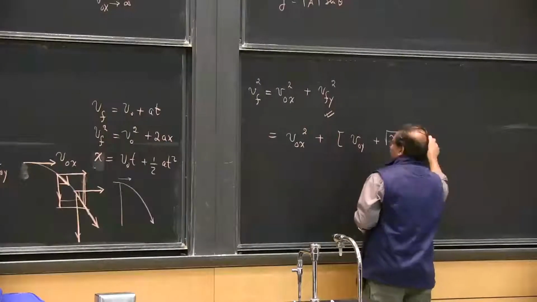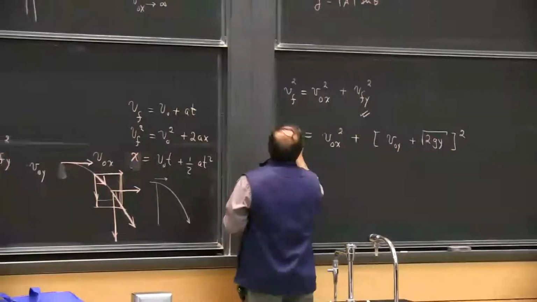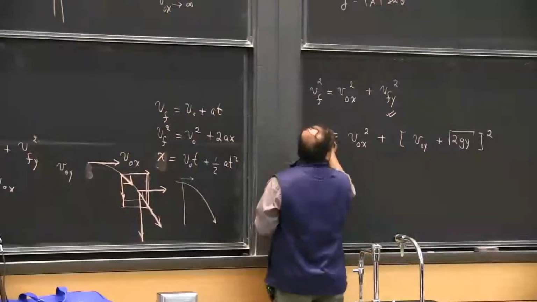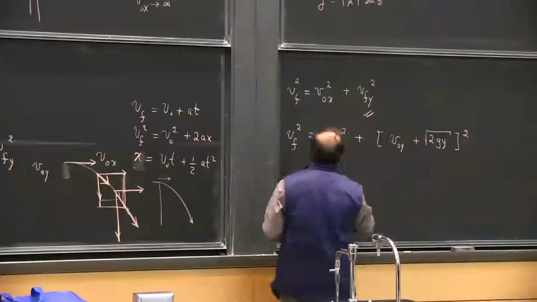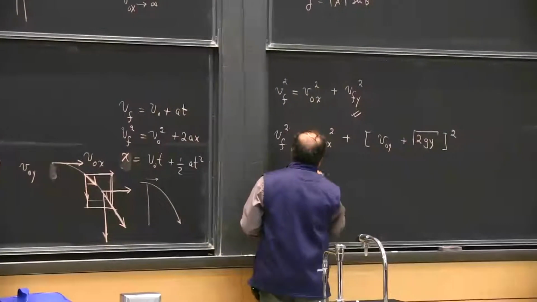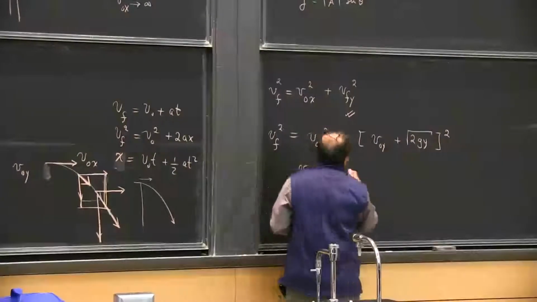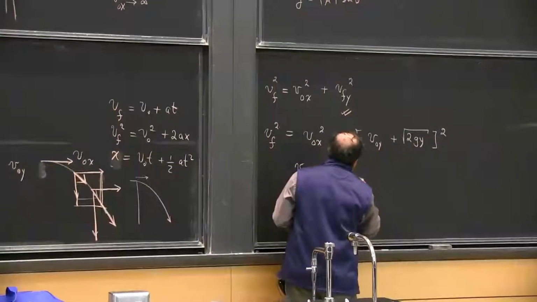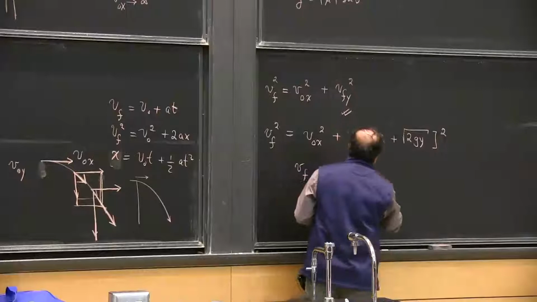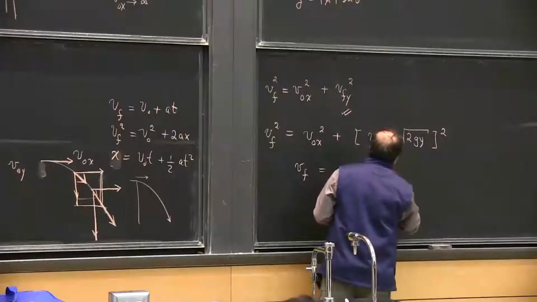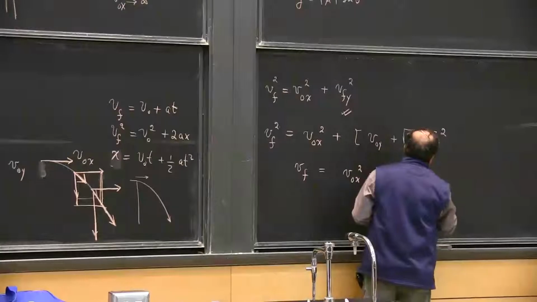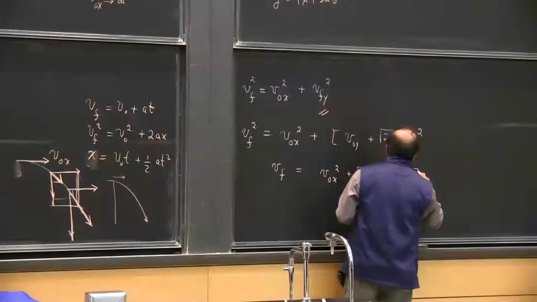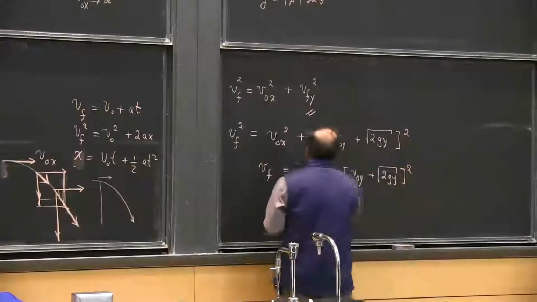This is v final squared, which means that in general, I should be able to write v final as the square root of v0x squared plus v0y plus 2gy, squared, whole thing squared.